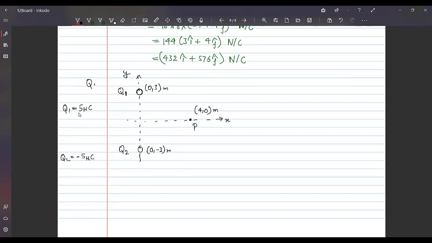Let me give this as 5 by 9 microcoulomb and minus 5 by 9 microcoulomb. And instead of meter, call this centimeter.